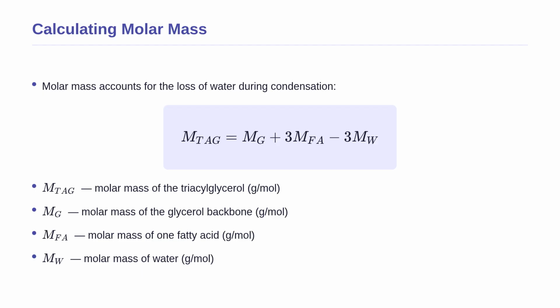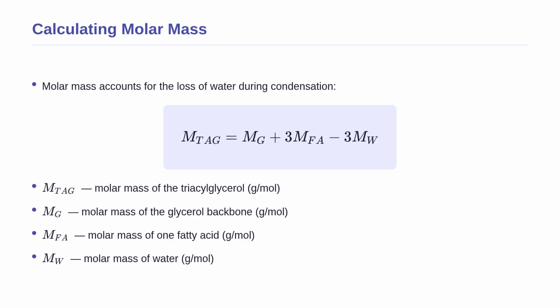Now that we understand the esterification process, let us look at how to calculate the molar mass of the resulting molecule. Because the formation of a triacylglycerol is a condensation reaction, we cannot simply add the masses of the reactants together. For every ester bond formed, one molecule of water is lost.